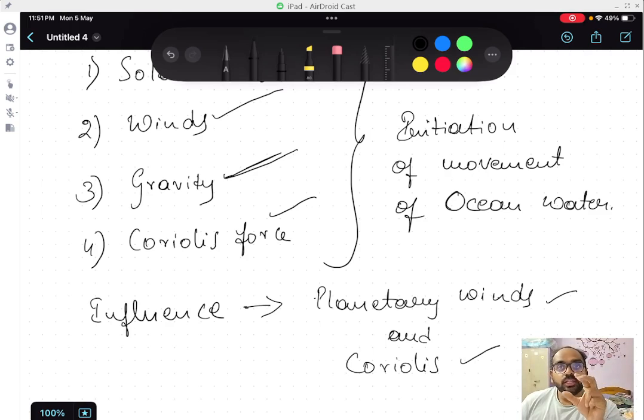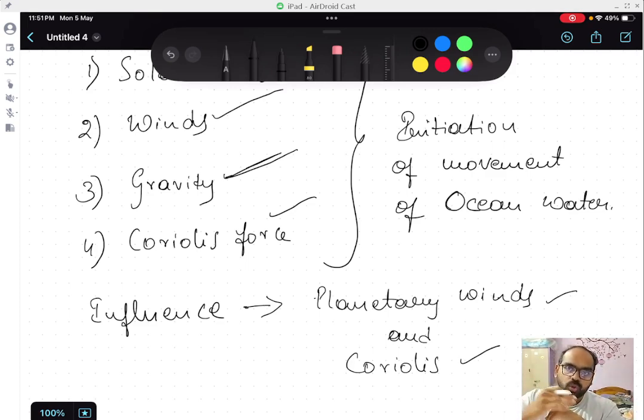What do they do? They influence the direction and velocity of the ocean currents. Once the movement of the oceanic water has started, due to planetary winds, the direction of the ocean currents might change, and also the velocity might change. The stronger the wind, the more the velocity.